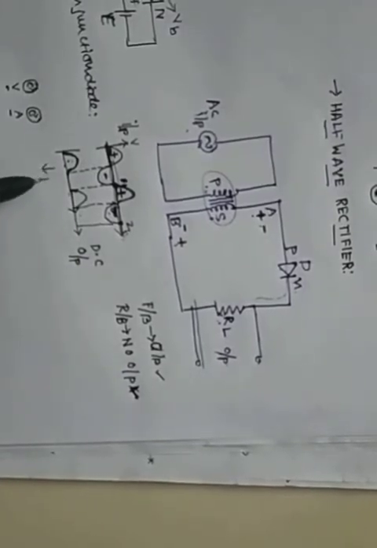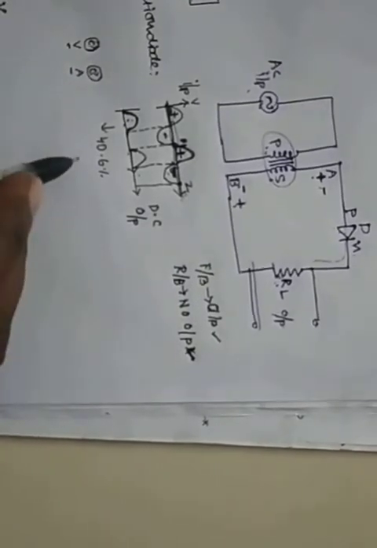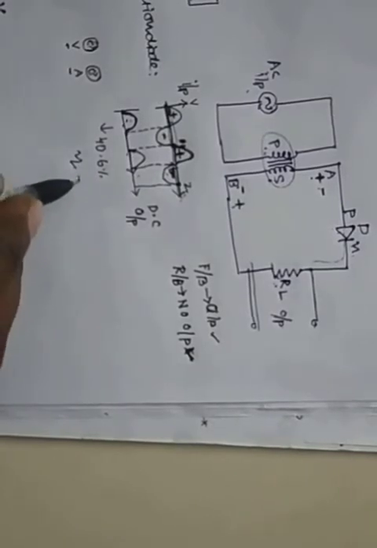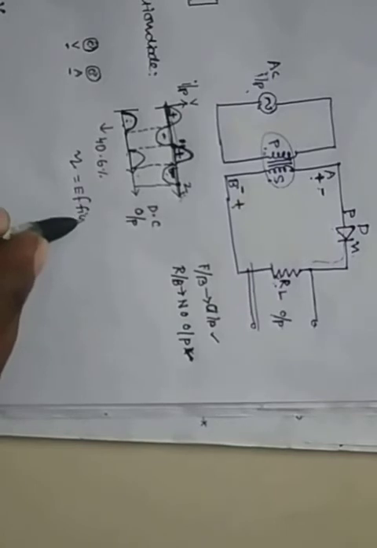So that output will come as 40.6%. That means this eta is called what? Efficiency.